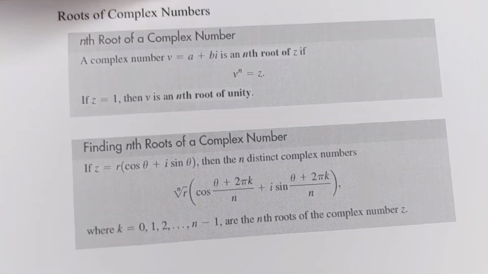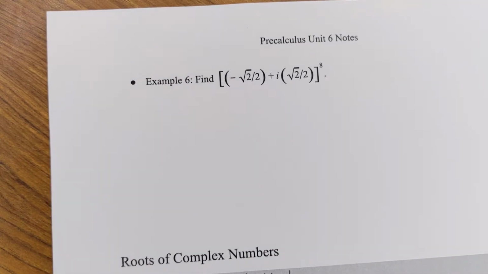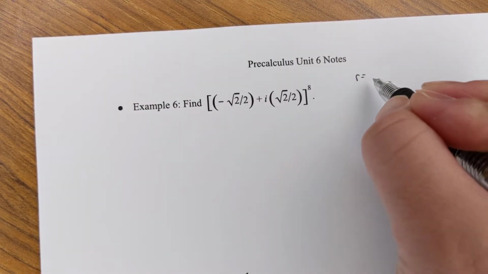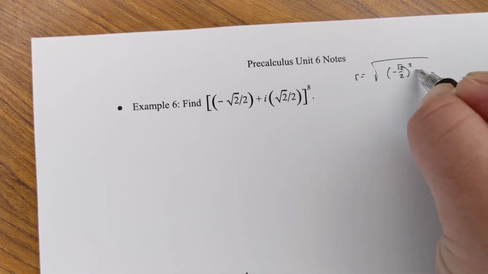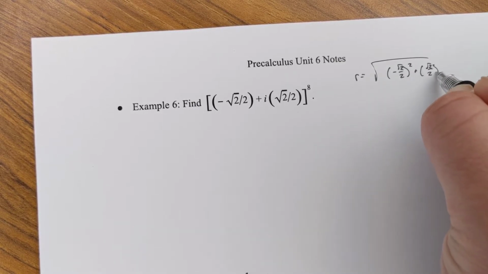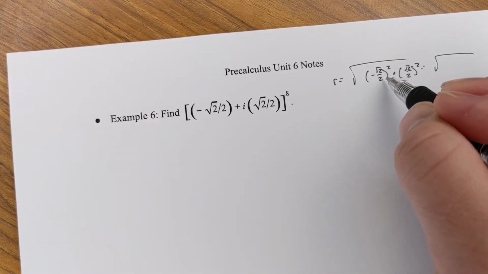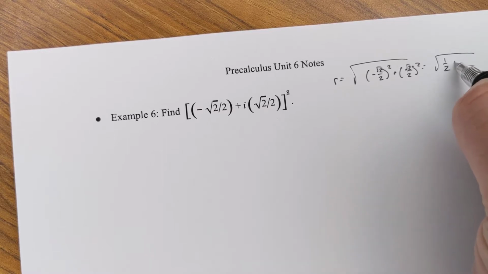All right, example 6. Find this. This would be a hot mess if we go to the 8th power, so that's a lot of distributing to do. So r is equal to the square root of a squared plus b squared. So this is the square root of root 2 over 2 squared, which becomes 2 over 4, so it's 1/2 plus 1/2.